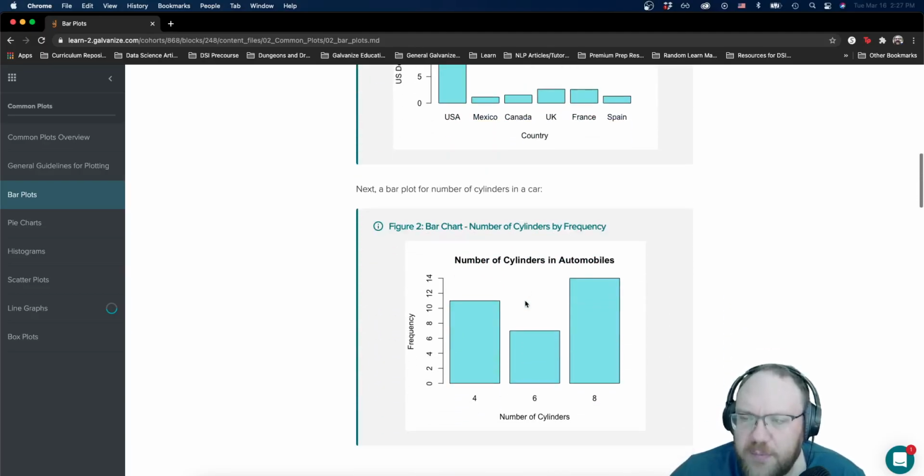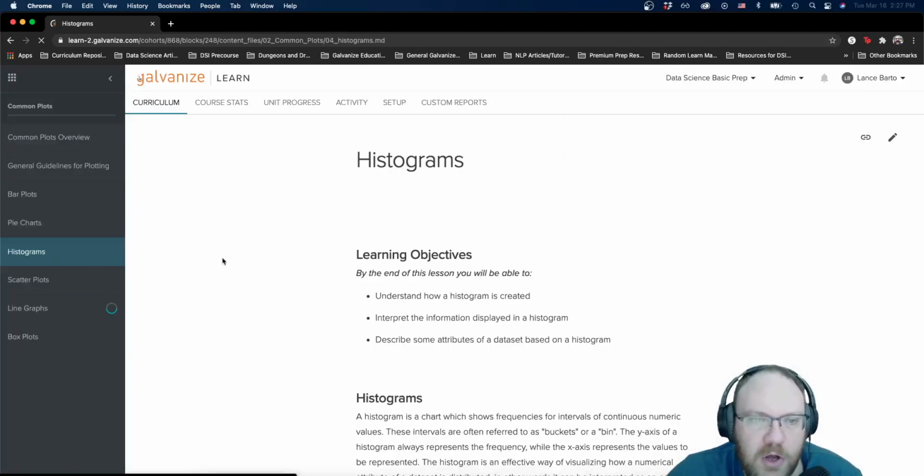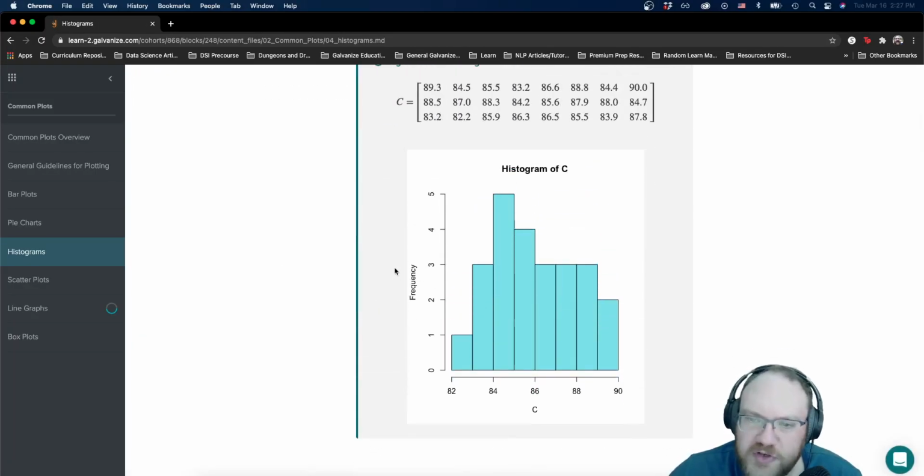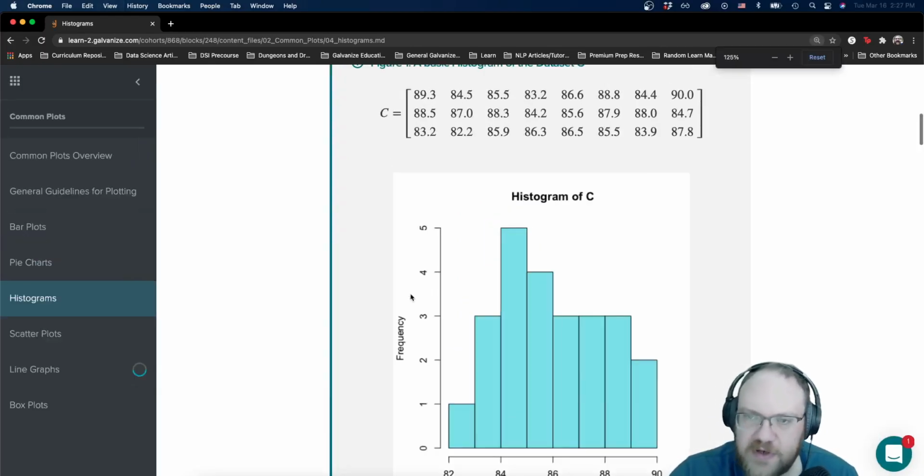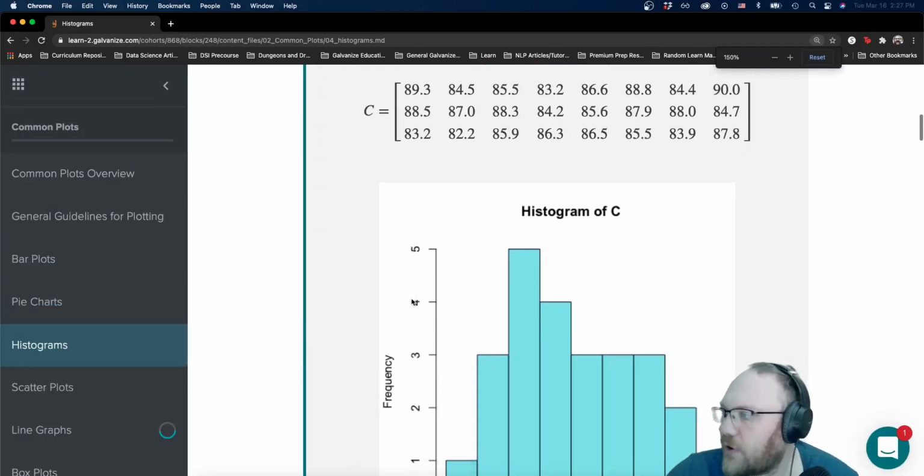The other type of use that you'll see is a bar plot being used in a similar way to the way a histogram would be used. If we look at a histogram, in general, histograms are always going to have a frequency on the y-axis. And let me just zoom in, make sure this is large enough for all of you to see.